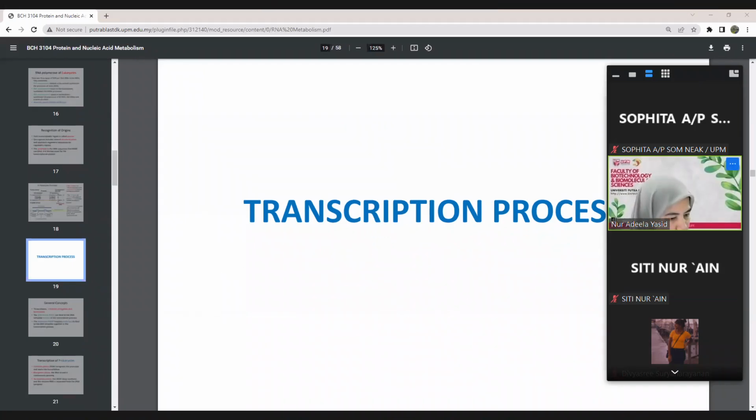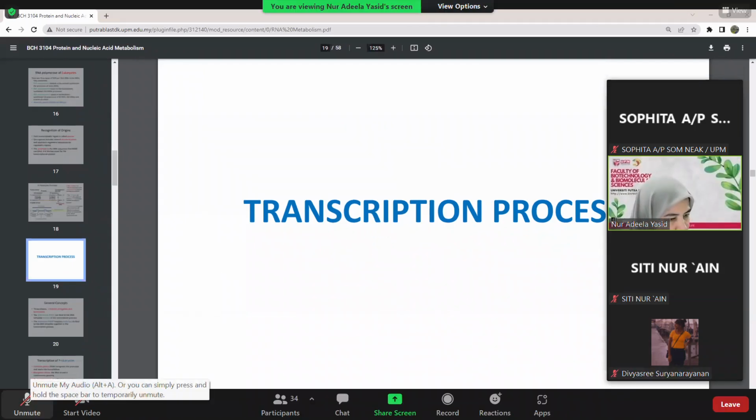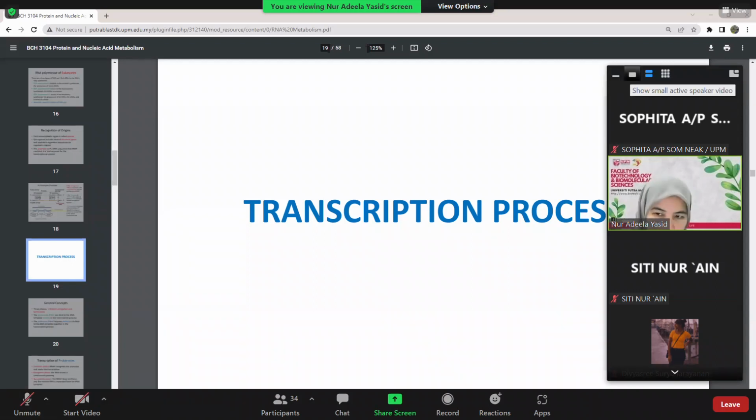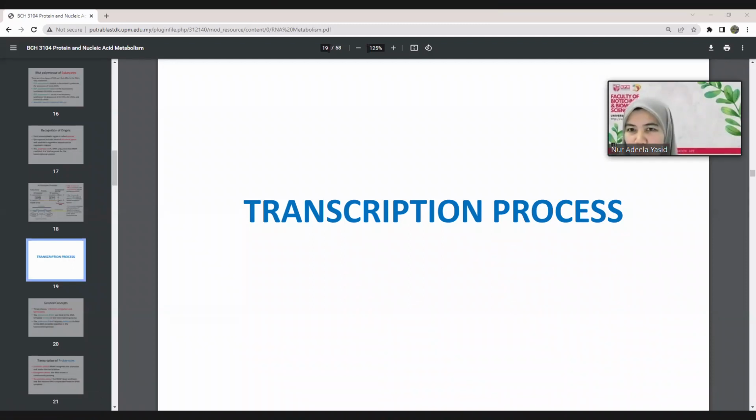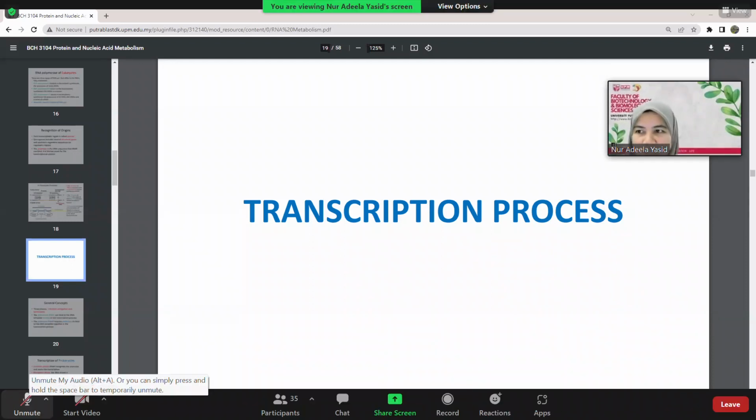Mungkin you nampak dekat screen? Nampak slide ke? Oh, you nampak? Sebab saya sini confuse dengan saya punya screen. Sebab saya banyak, banyak screen at the moment.